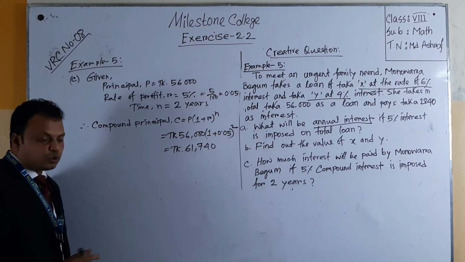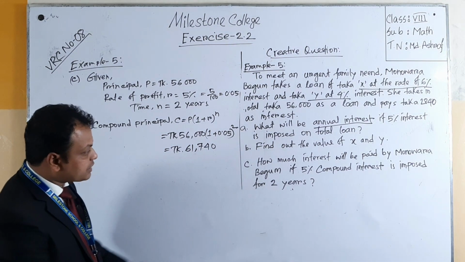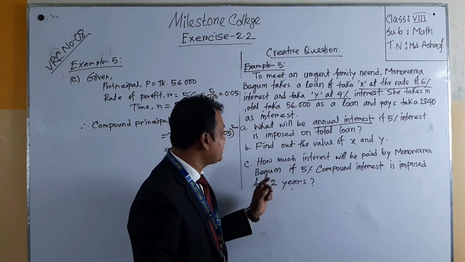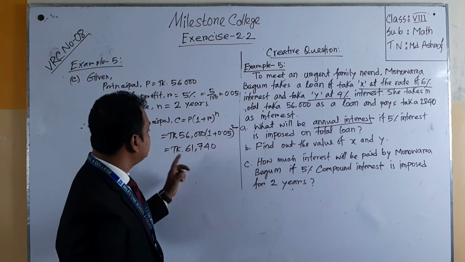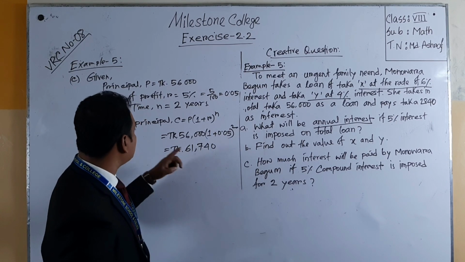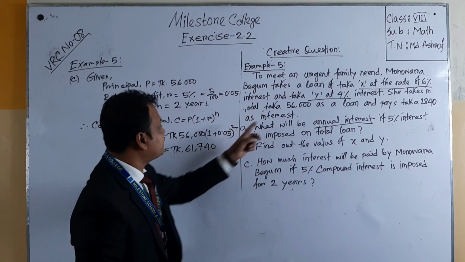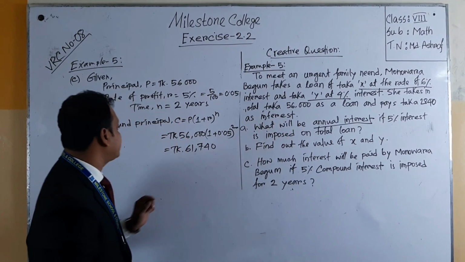Now the question is how much interest I have to pay. This is the total amount, so we have to subtract 56,000 from this, and then we get the interest.